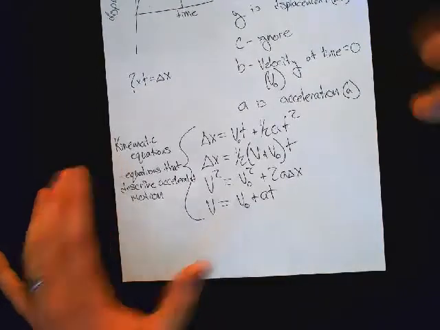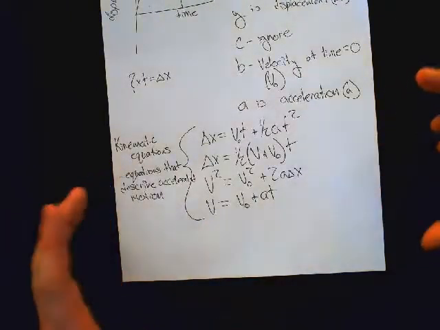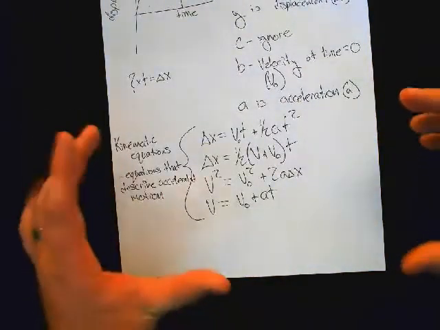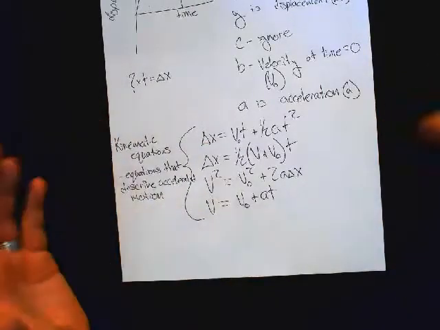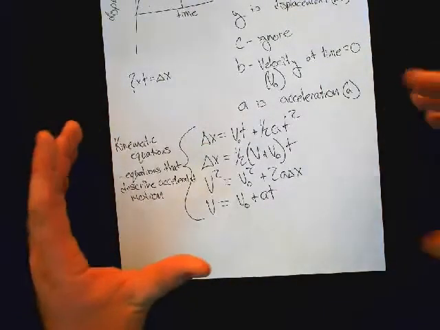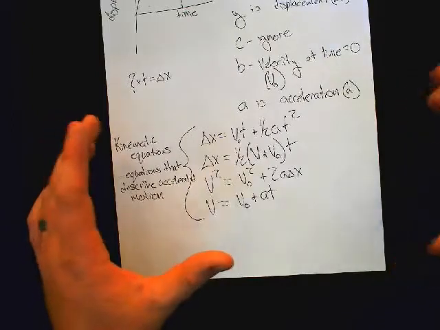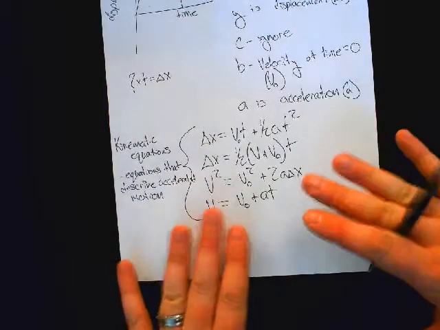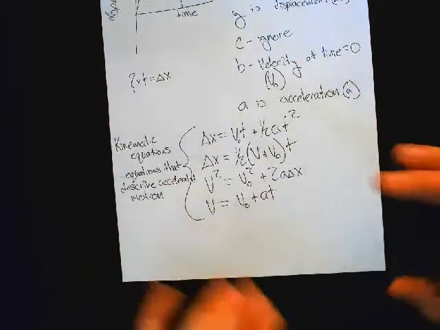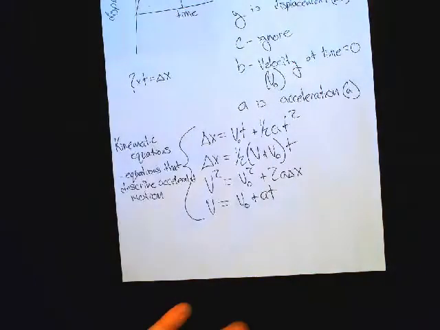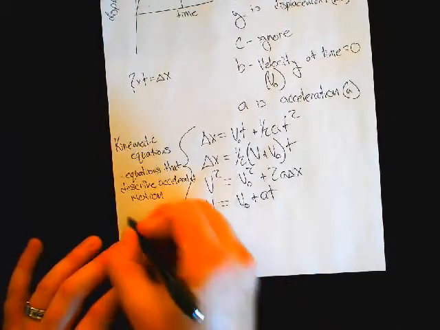So really what we're giving you is a set of tools that you can use to try to solve different problems, to try to understand and explain how things move under set parameters. These equations are only useful for constant acceleration. Anytime an acceleration changes, we have to break problems into parts. These can't describe situations where the acceleration changes.